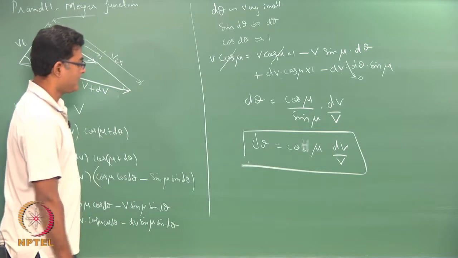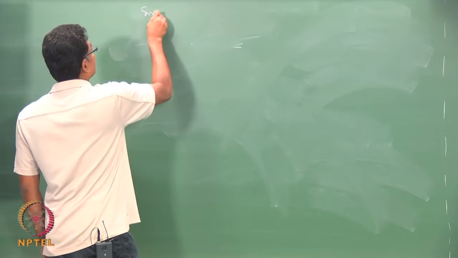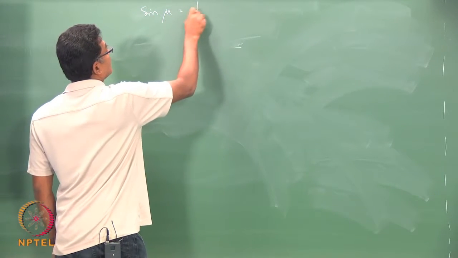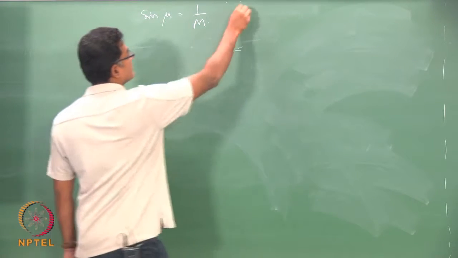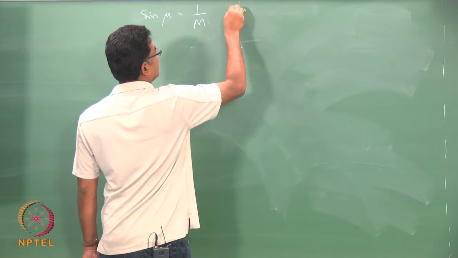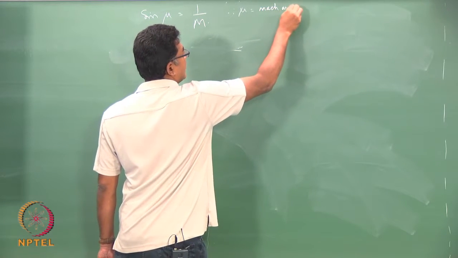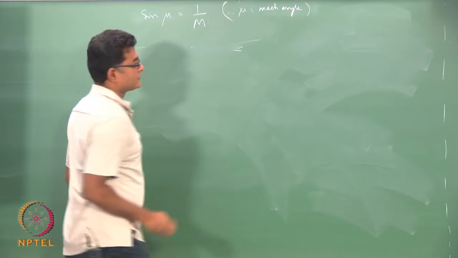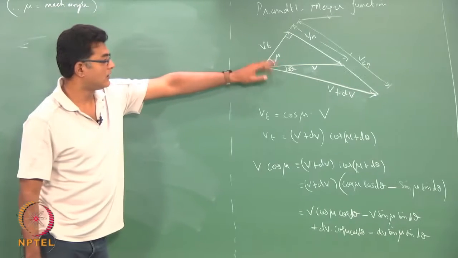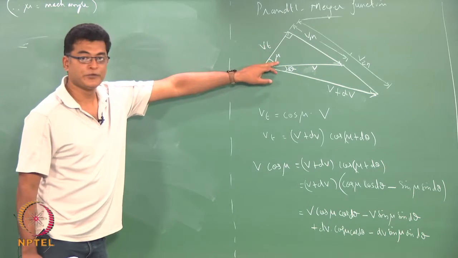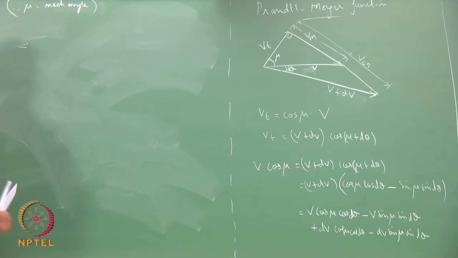Okay. Now, we also know, because mu is our Mach angle, so you assumed this theta to be very small, and this mu, the shock angle or the wave angle, approaches the Mach angle.